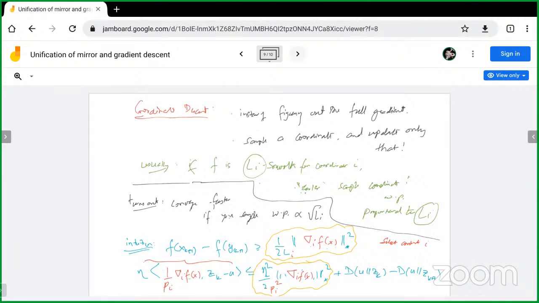There are a lot of papers on using coupled variations of gradient descent and mirror descent. I'll try to share a bunch of stuff.